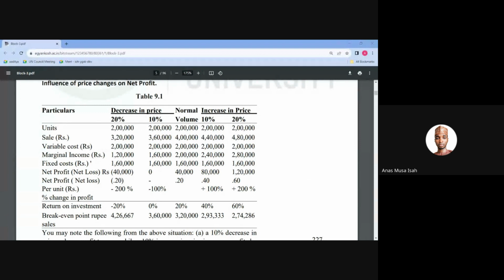If we get our marginal income, then the fixed cost that we treated yesterday, we will subtract the fixed cost from the marginal income. Since for now we have a reduction of 20%, the marginal income has decreased. So this causes our loss of 40,000 rupees. So yes, now I understand what has happened, and also the relationship between what we are treating today and what we treated yesterday.